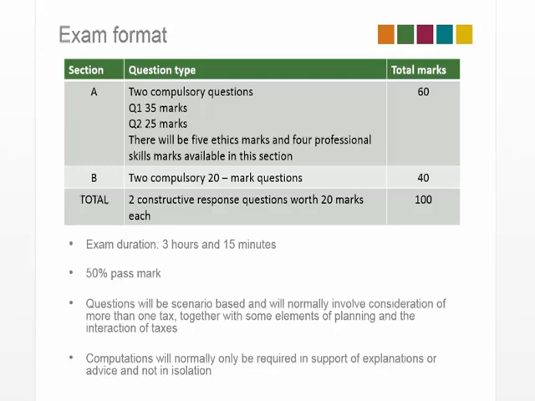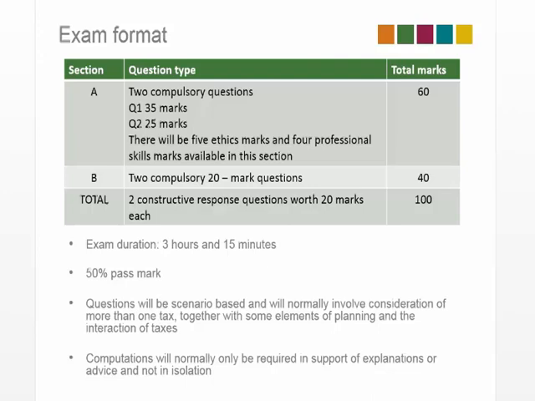Typically, one of the questions will be a personal tax scenario, so it will tell you about an individual. Typically, either the individual will be employed or they will be self-employed. And the question will look at that individual and it will ask you to give advice on whatever is happening in that scenario.